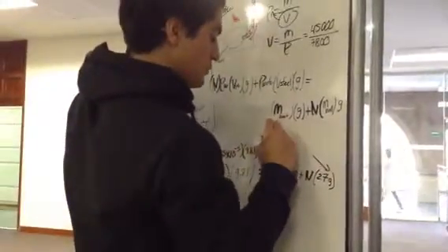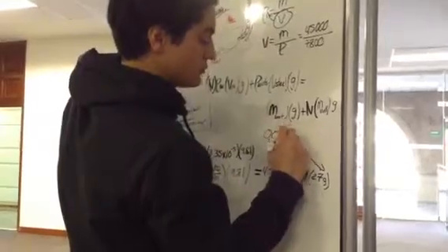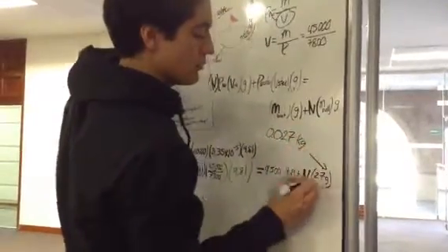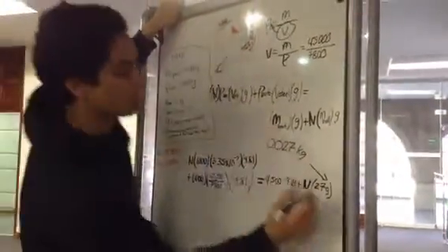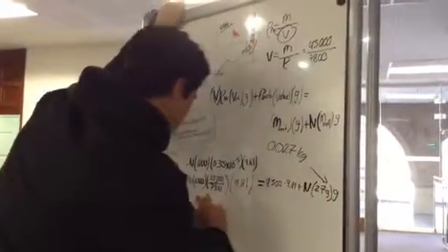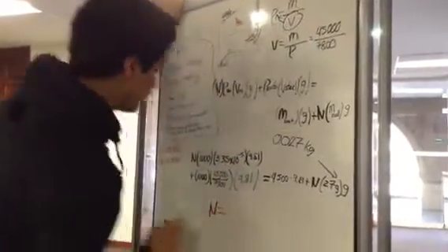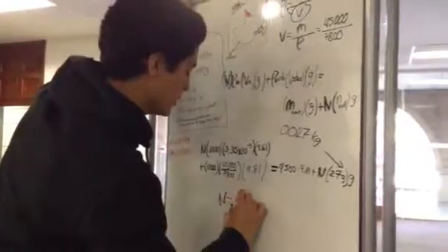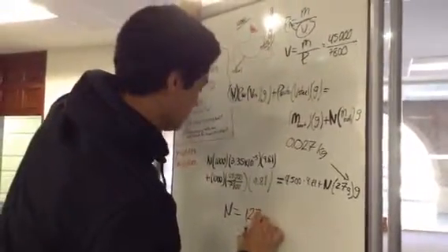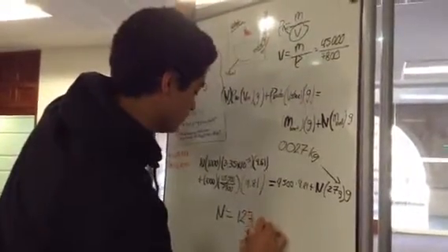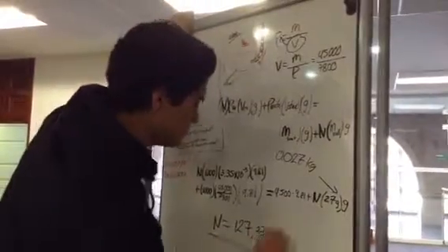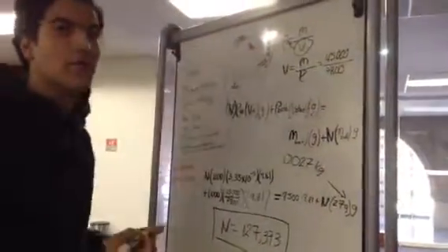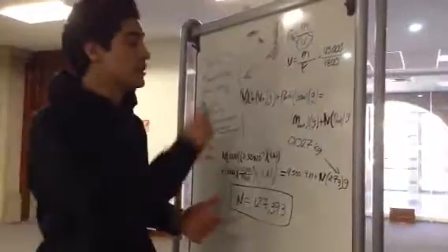So it's equal to that in kilograms times the gravity. And solving for n, we obtain that the number of balls is equal to 1. This is the number of ping pong balls in order to make the ship float.